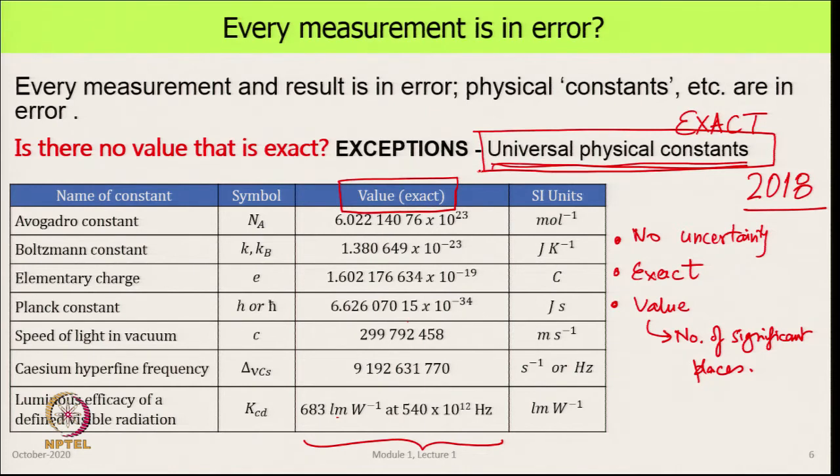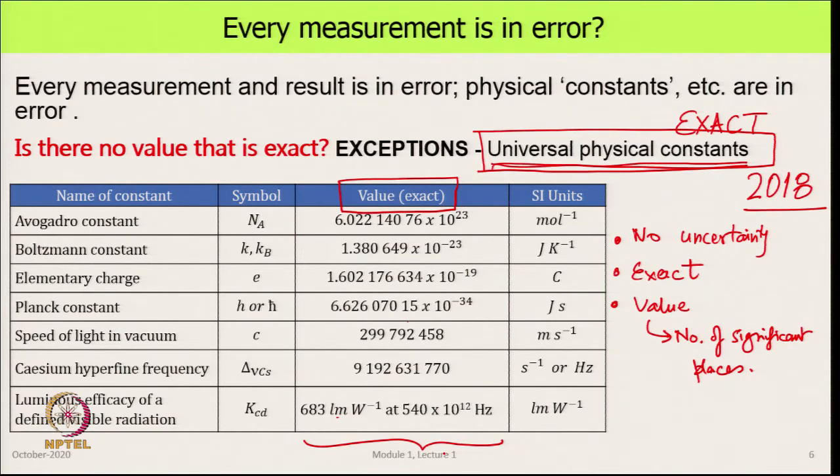Everything else is in error. Nothing is exact beyond these. And what it ends up telling you is that even in what we have learnt in school and colleges as something as being constant, in the context of this understanding of science, nothing there is also exact.